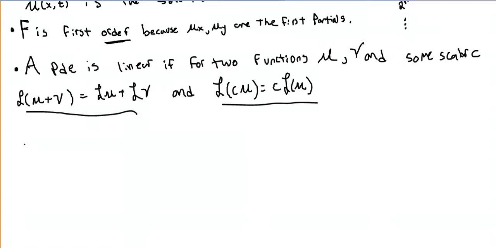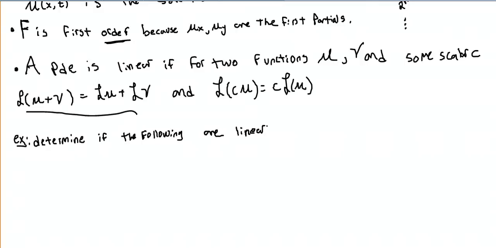Let's think about this right here. I have a PDE right here. We want to verify. So let me go ahead and write this so you guys can see as an example. Example: determine whether the following are linear or not.